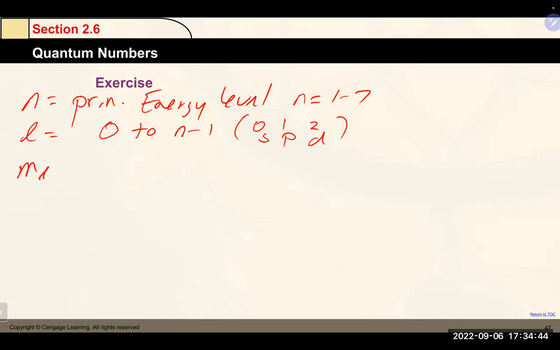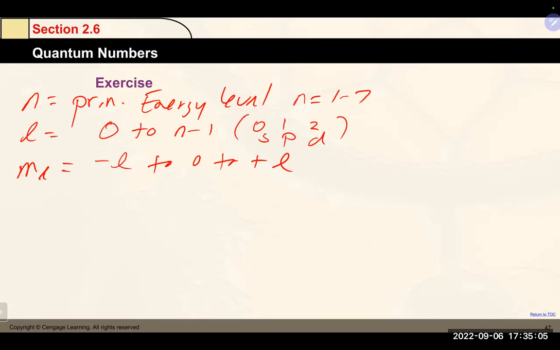We also have m sub L, which is the next quantum number, which could run from minus L to 0 to plus L. For the lack of a better description, it will tell you how many different orbitals there are for that particular atomic orbital.